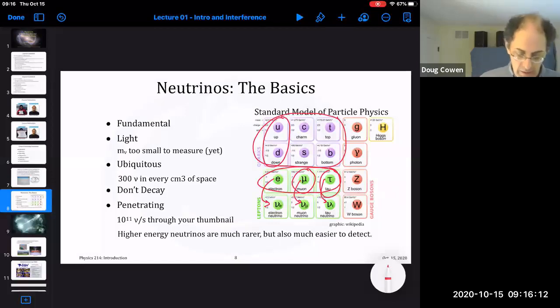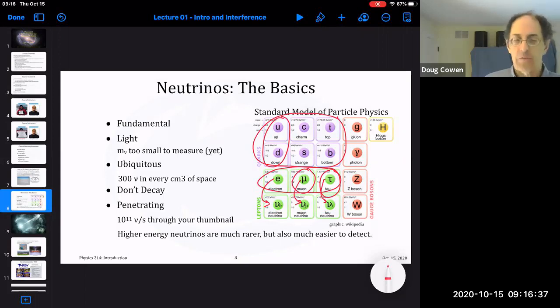Unlike their other quark and lepton cousins, the neutrinos are very, very light. So far, their masses have been too small to measure, although we know that they're non-zero by virtue of other measurements. They're also everywhere. So there are 300 neutrinos in every cubic centimeter of space.